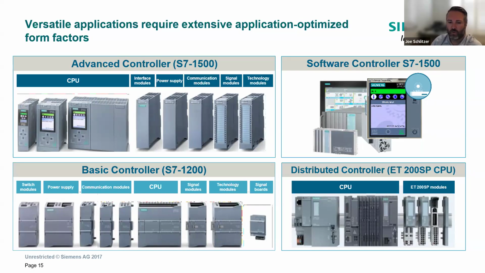The software controller works completely independent of the operating system of the IPC. So that means it continues to run even if you restart the Windows side of the IPC, or if the Windows side crashes, the PLC side is not going to crash. It's completely independent.